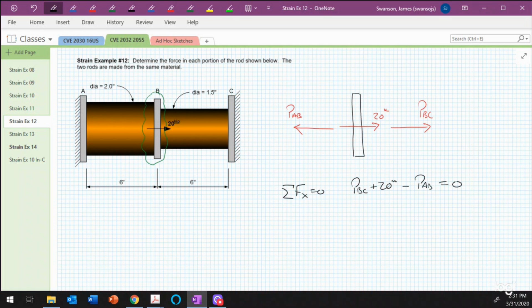So when I have that situation, what I know is that I have to look at force deformation relationships and geometric compatibility. So let me shift my attention back over here to the drawing on the left. I'm going to erase that little bubble that I drew earlier. And if I push a force on this interface plate B and the force goes to the right, then I would expect that that plate is going to move to the right as well.